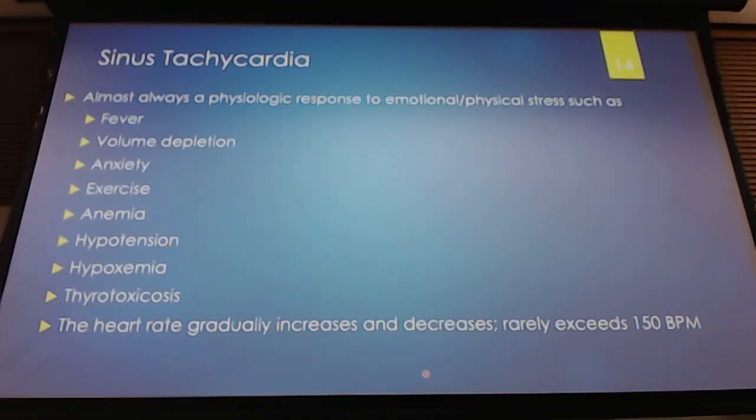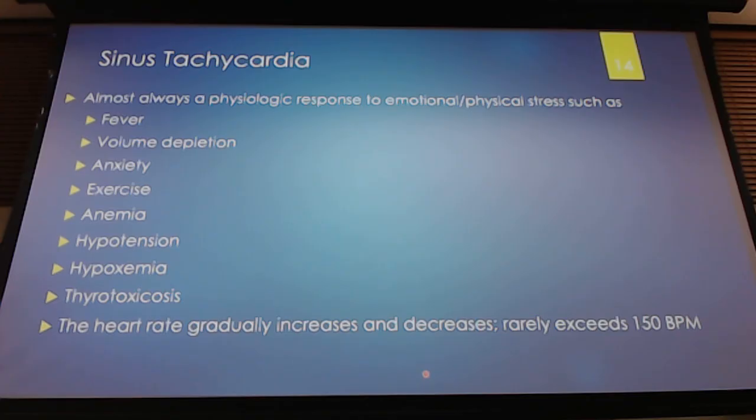A lot of things can cause sinus tachycardia. Oftentimes, fever, volume depletion, influenza, COVID. So viral syndromes can cause this. Certainly, if you go out and run a couple of miles, you put your hand on your pulse, you're probably going to be tachycardic, and it's probably going to be a sinus tachycardia.